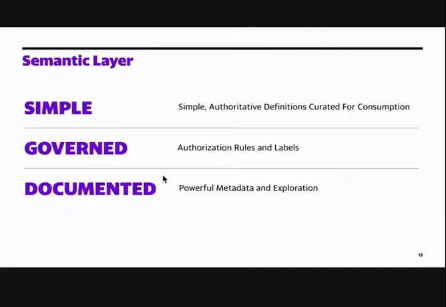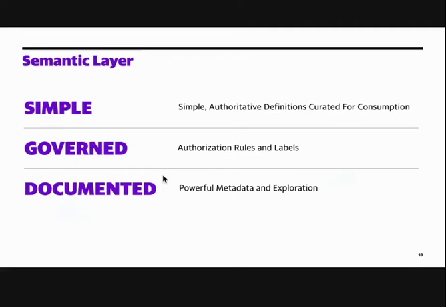So a semantic layer is a simple authoritative definition which is curated for consumption by your end clients. You're really trying to dumb down the data model and define things once in simple ways. A semantic layer creates a logical model that is mapped onto a physical model.